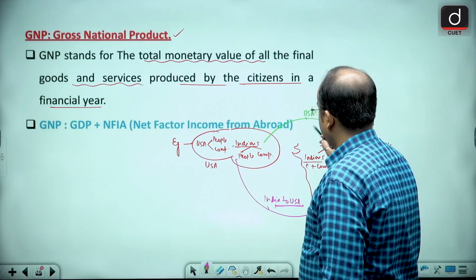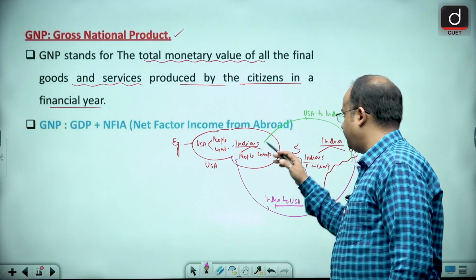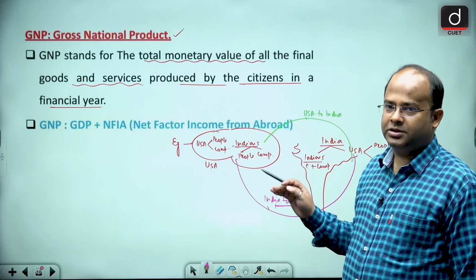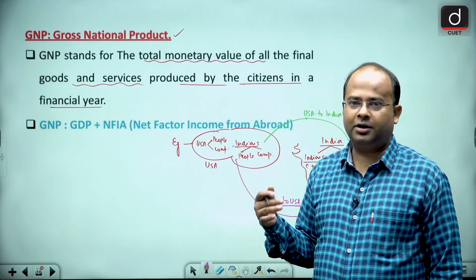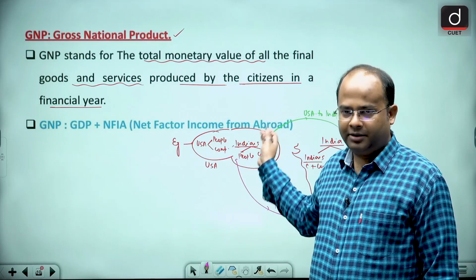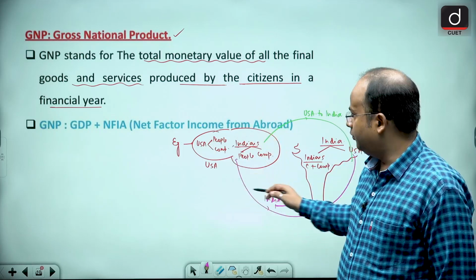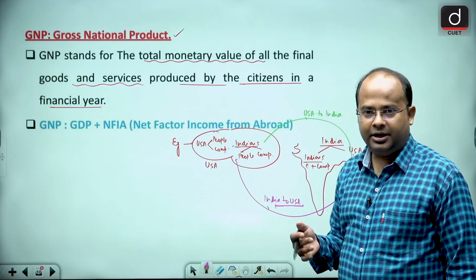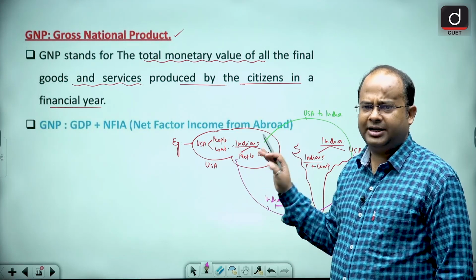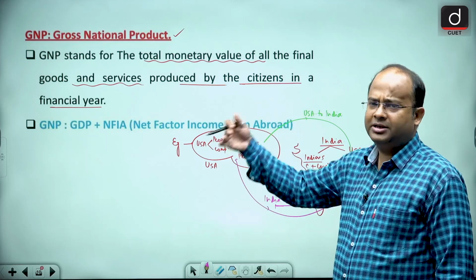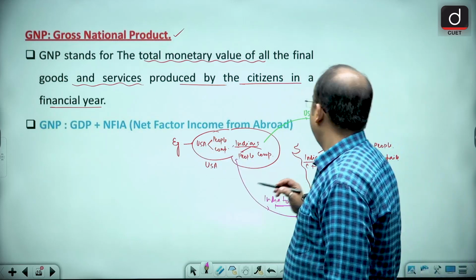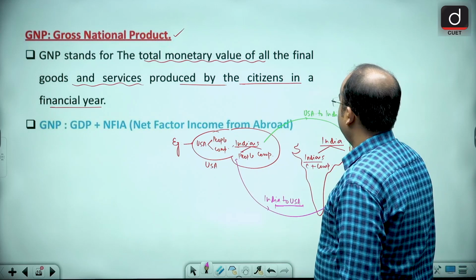Whatever profit the Indians make there, after paying the necessary taxes and duties, will be transferred to India, and whatever the US people and companies earn in India, after paying the necessary taxes and duties in India, they will send to their head office or people in America.